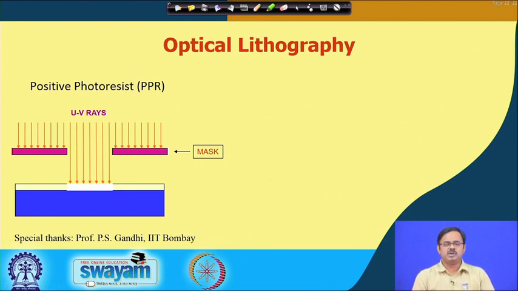Now, what is that change in property? That depends on the photoresist material, but it is some local change which can be used to remove that material later and not remove the rest of it, which has not been subjected to the UV light. So this is positive photoresist.